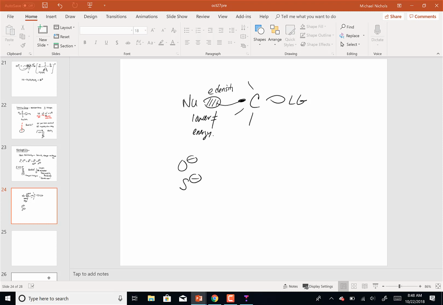Because it's more polarizable. So we need to know about nucleophile strength as well as the leaving group ability. And so those things you need to remember. Leaving group ability is based on basicity only, and nucleophilicity is based on basicity horizontally, polarizability vertically.